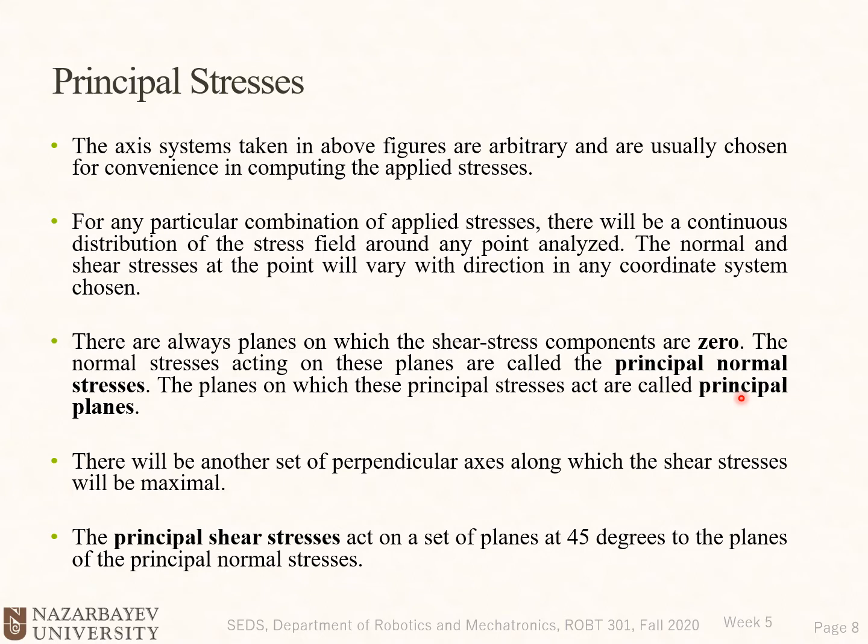There will be another set of perpendicular axes along which the shear stress will be maximal. Okay, but these are not the principal normal stresses coordinate system. The principal shear stresses act on a set of planes at 45 degrees to the planes of the principal normal stresses.